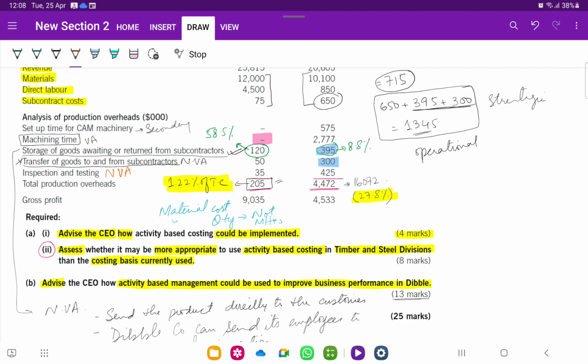So I'm not saying that this can be eliminated. Maybe the company needs to continue with this, but this is a non-value added activity. 425 is a huge amount. It's approximately 10% of your total cost. So try to reduce it. Try to work more on the prevention parts.